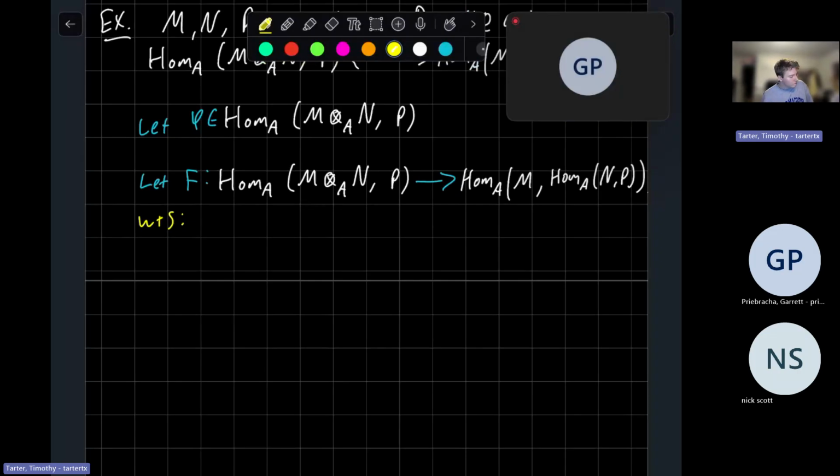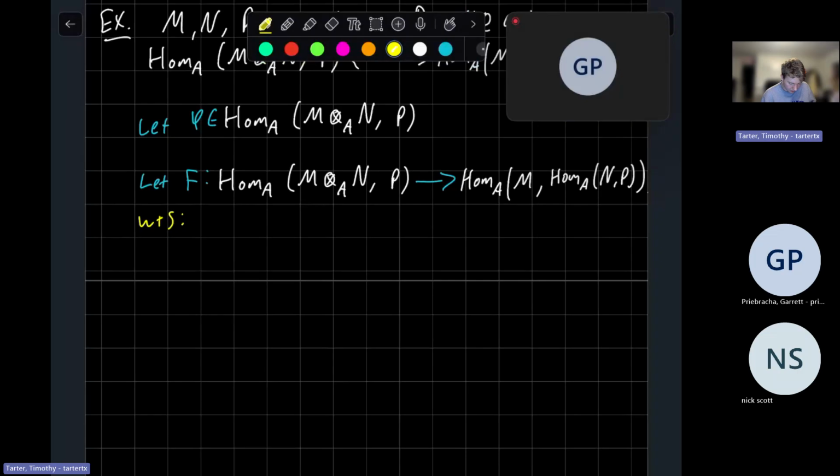Well, we want to show that f of phi is, well, we want to define f of phi actually. Before we say we want to show anything, we want to say, okay, let's find a map.